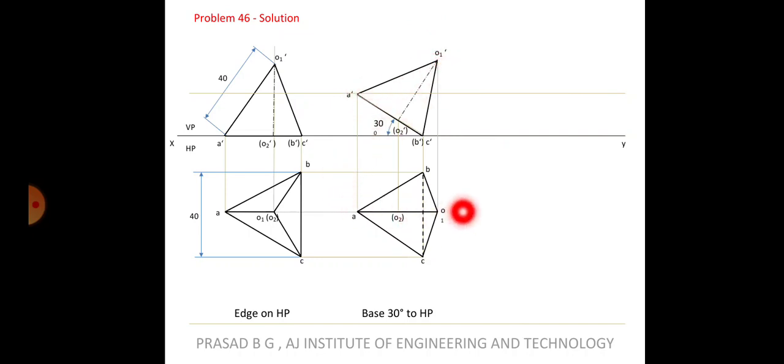B to C is below, so B to C will be on the ground. So that should be a hidden line. Alright. The rest of the things are all coming on the boundary, so there is no question of being hidden or visible. Whatever comes on the boundary is always visible. Whatever is not coming on the boundary, we have to decide whether it is hidden or visible.